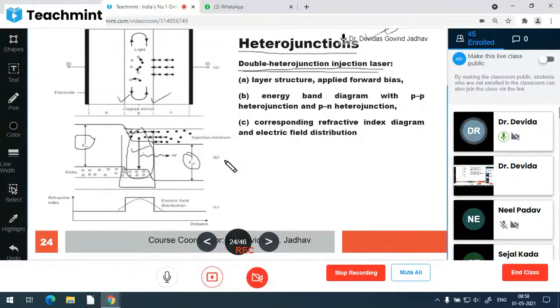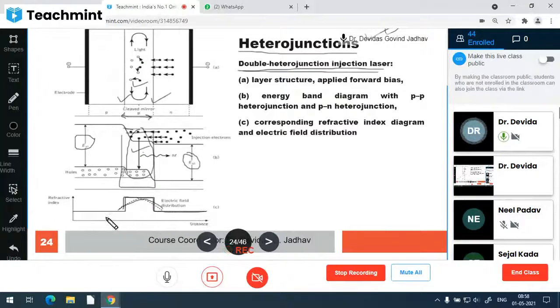So this is an energy band diagram. Also, for this particular P region, mirrors are provided; optical confinement is provided, as well as electrical confinement. Optical confinement is provided by making this P region's refractive index higher. So this is the graph of refractive index.